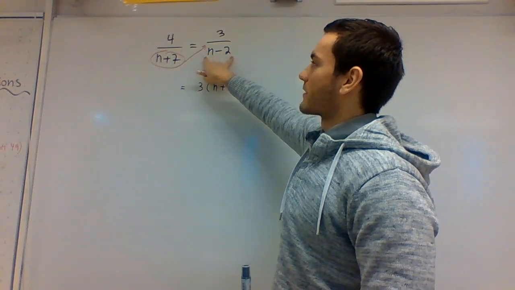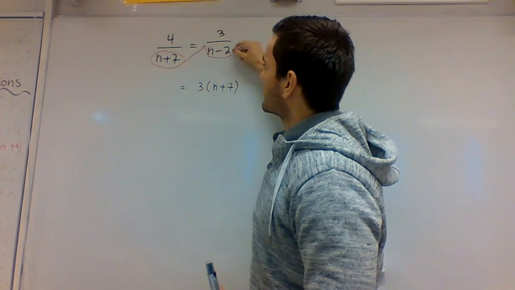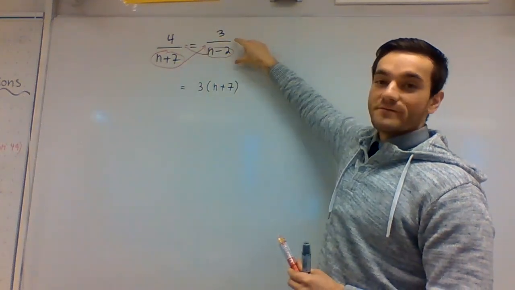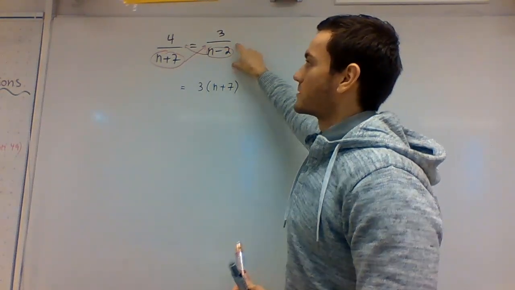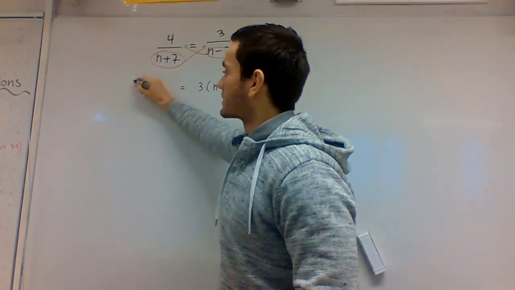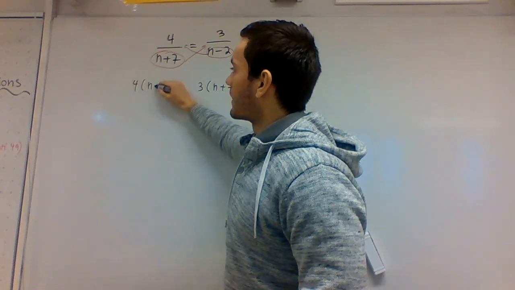I don't want this to be a fraction anymore, so let's move this over to this side. Again, same idea. Right now we're dividing by n minus 2, so the opposite is we're going to multiply by n minus 2. So over here I still have the 4, and now 4 is being multiplied by n minus 2.